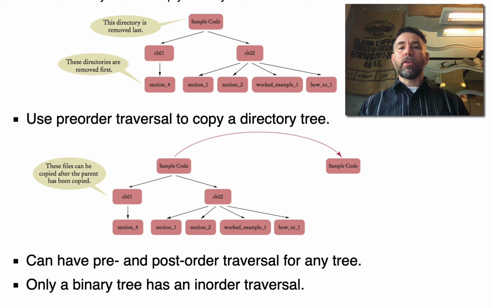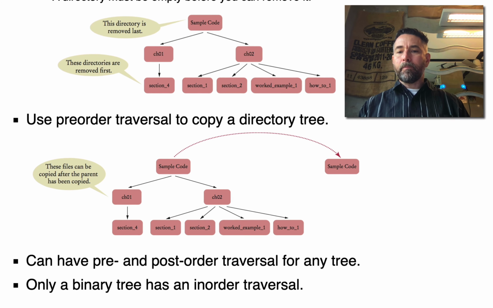In-order traversal on a non-binary tree is not well defined. And so we usually say that you can only do an in-order traversal on a binary tree because the structure of having a left child and a right child makes it very clear about when you process yourself. After the left, but before the right.